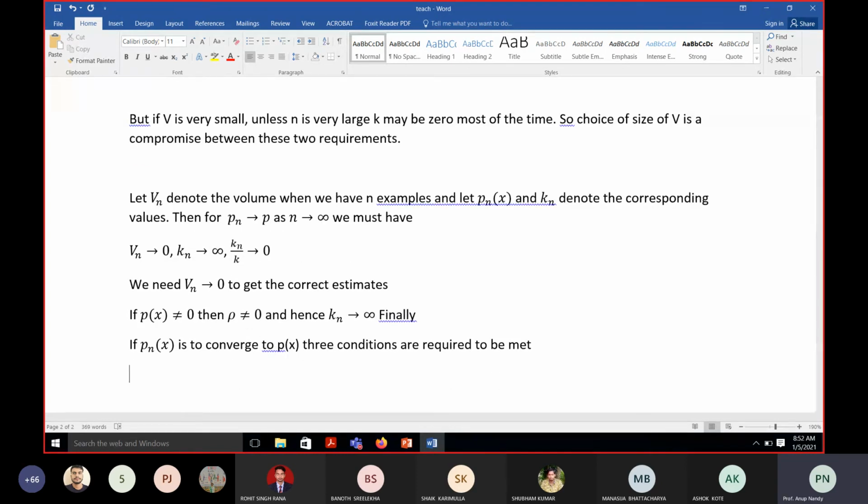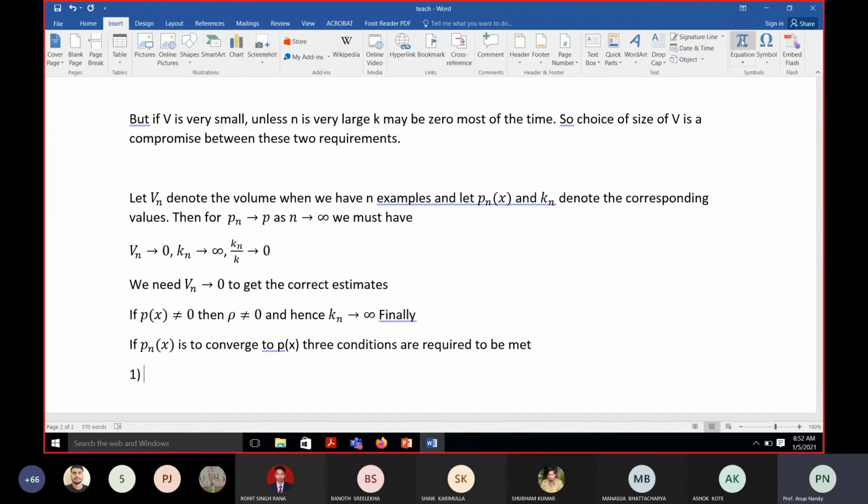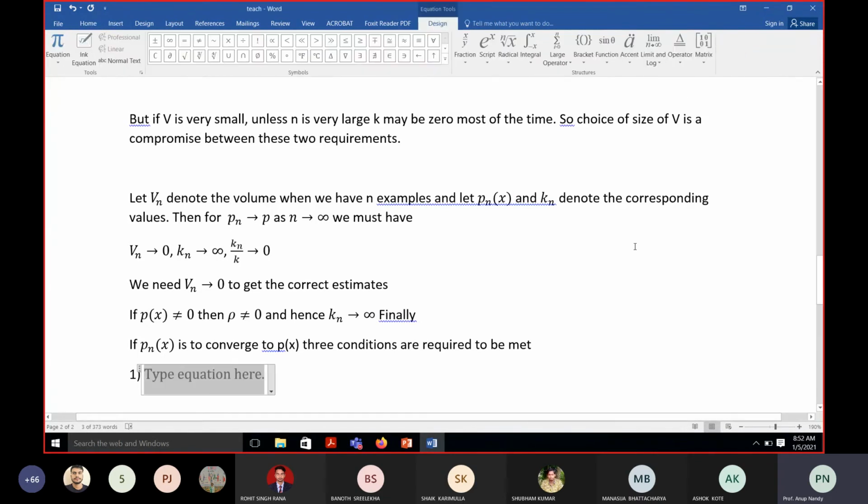So what is condition number 1? The first condition is that limit n tending to infinity of Vn is equal to 0, which we have already seen. If Vn tends to 0, then Kn tends to infinity, and Kn by n tends to 0. I'm first writing this in a summarized way so that it will be clearer to all of you.